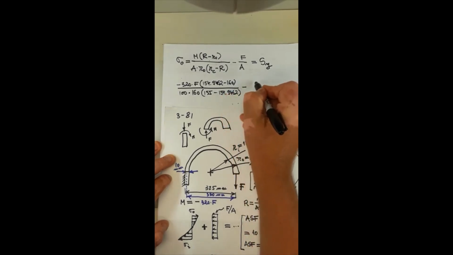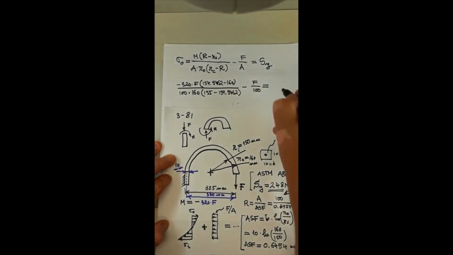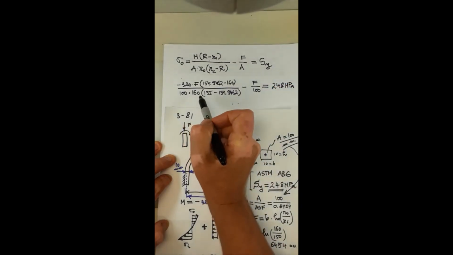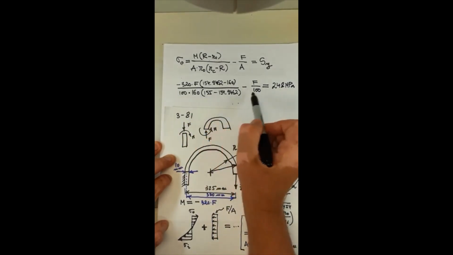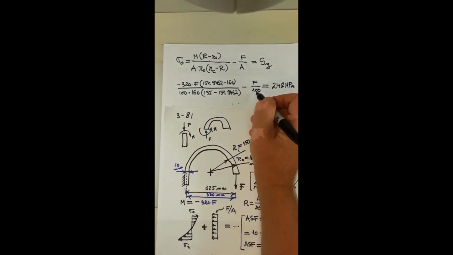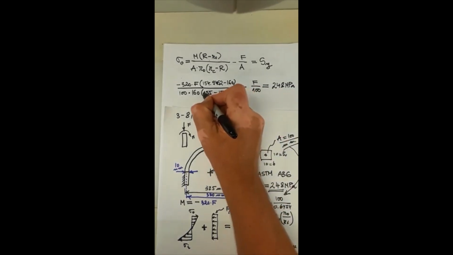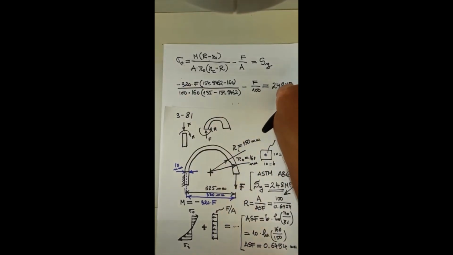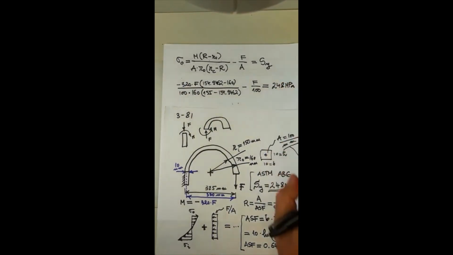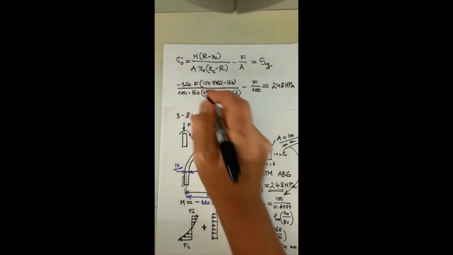Okay, negative F over 100 equals 248 megapascals. Now, if I have millimeters and newtons for the forces, and millimeters squared for area, and you know this very well, then newtons, millimeters and megapascals make for a balanced equation.